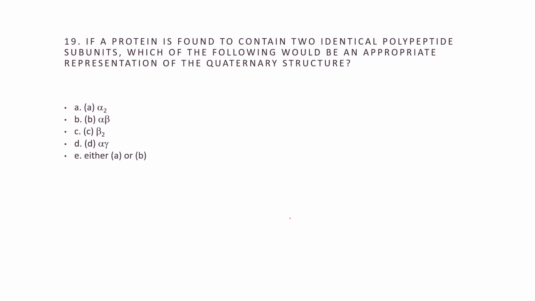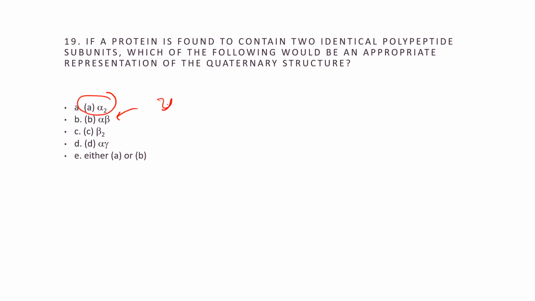If a protein is found to contain two identical polypeptide subunits, which of the following would be an appropriate representation of the quaternary structure? Everybody agree with her? So why is it A? What would this indicate?